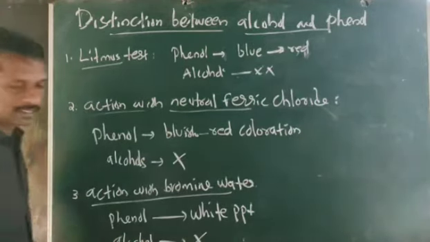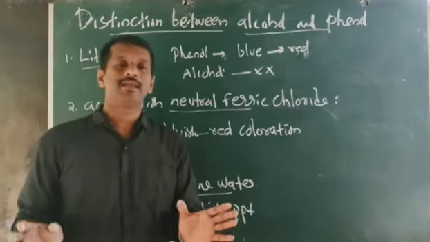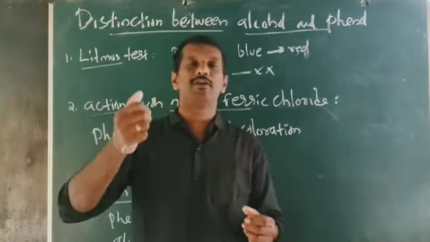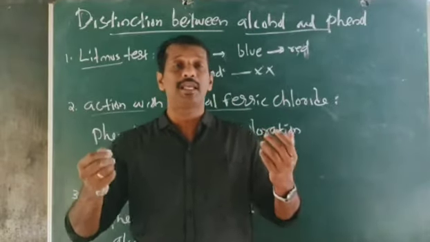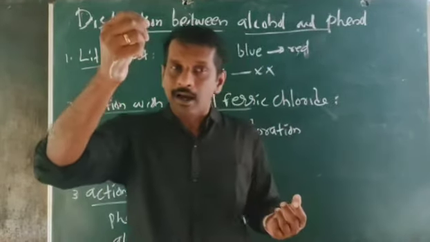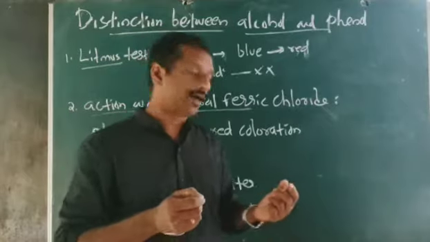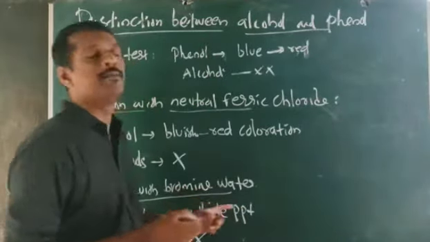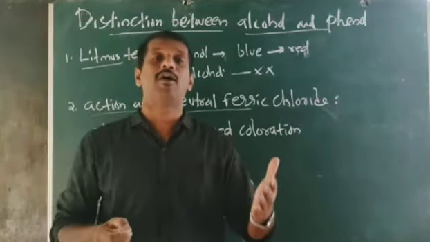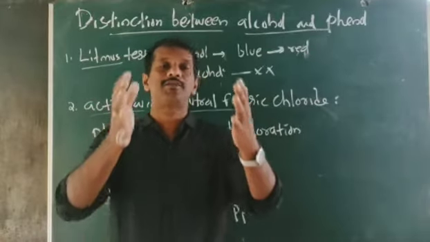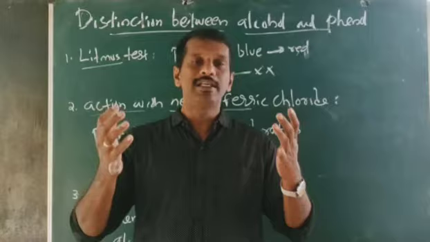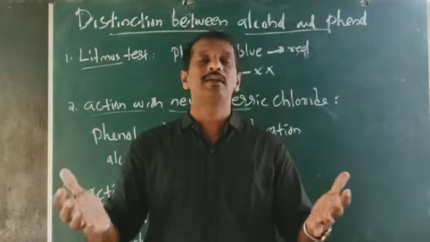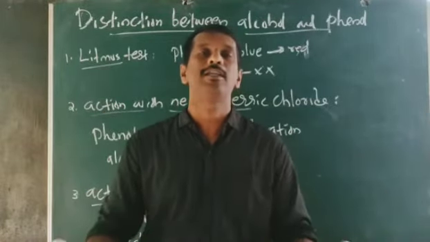That means when phenol is shaken with bromine water, a white precipitate of the bromo derivative, that means bromophenol, will form, and due to the formation of that bromo derivative we get a white precipitate. But when we shake alcohol with bromine water, there is no white precipitate.